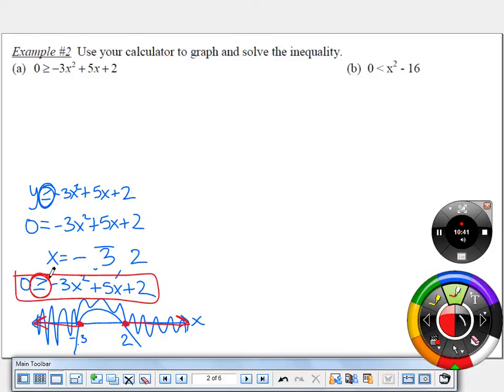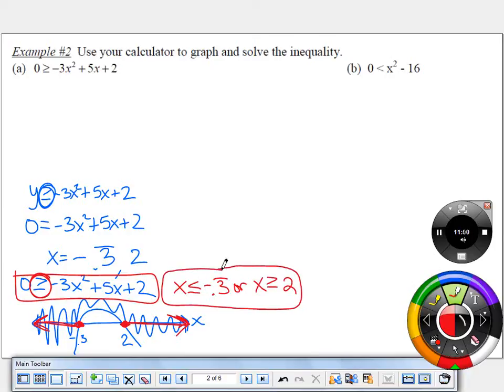So when I look at this picture, I want to say it occurred here and it occurred here. And the way I say that with inequalities is I say that x was less than or equal to negative 0.3 or x was greater than or equal to 2. And so that would be my solution for this inequality. But I really couldn't see that until I saw the shading.